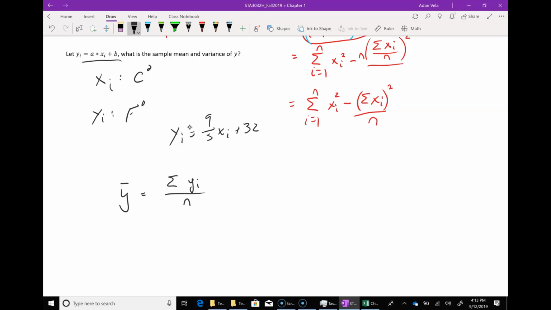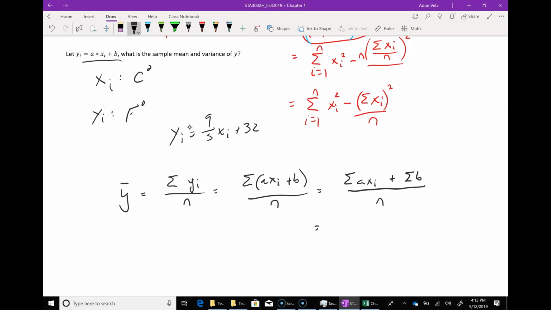Well, we have an equation for yi, so we can substitute that in, and we can start splitting it apart, like we've been doing all lecture today. All right, so that's nice.